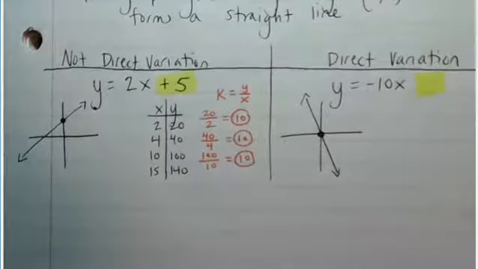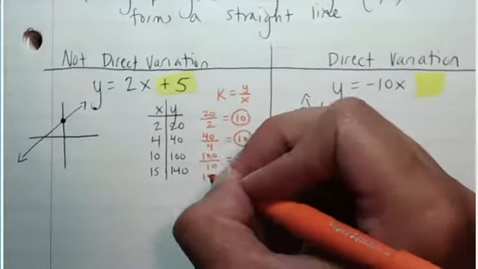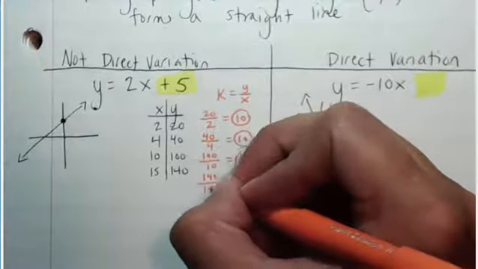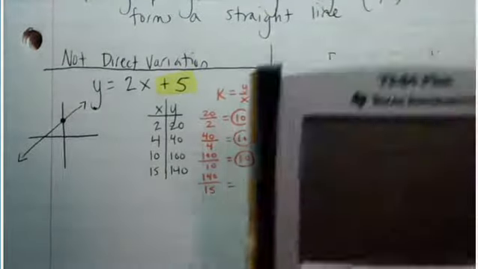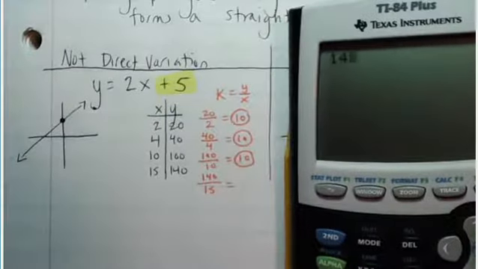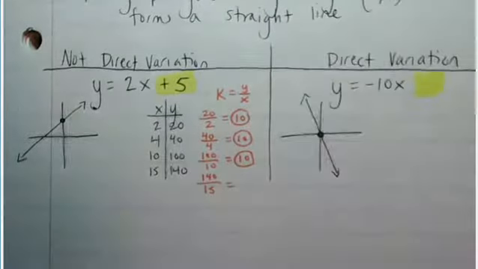So far it looks like it's a direct variation, but then I look at the last one, y, 140 over x, 15. That ends up giving me, if I look at my calculator, 140 over 15 is 9.33.